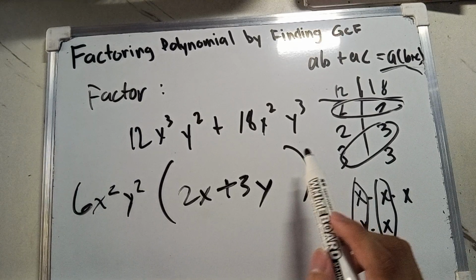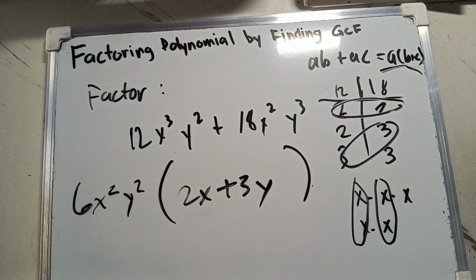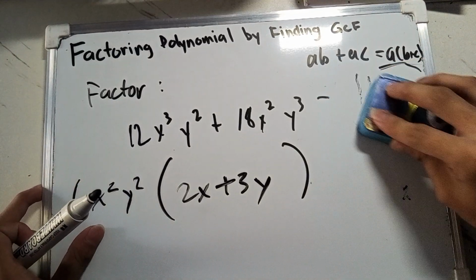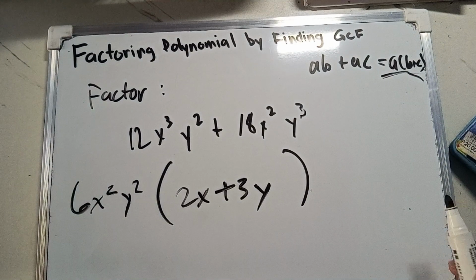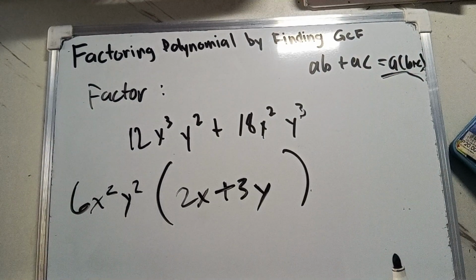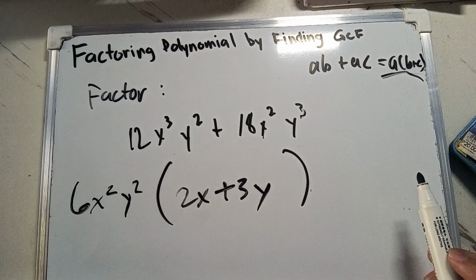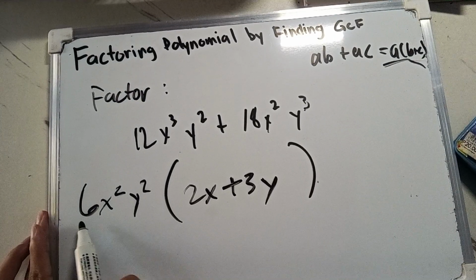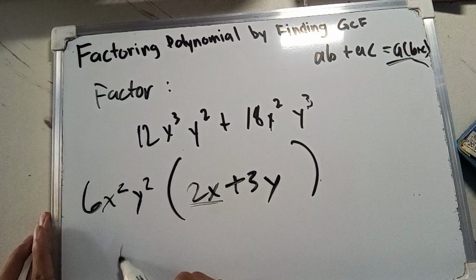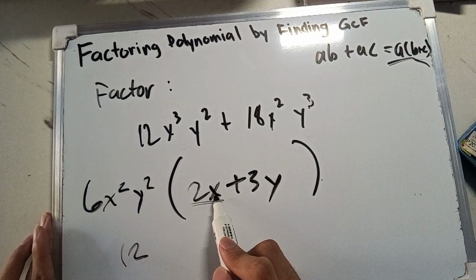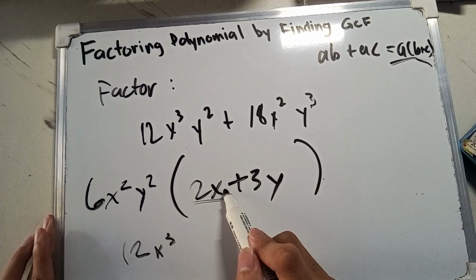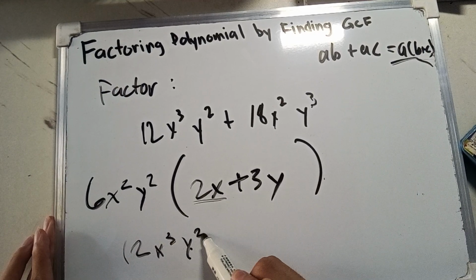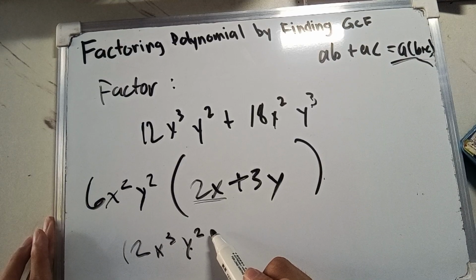This is the factored form of 12x cubed y squared plus 18x squared y cubed. To check if our answer is correct, we distribute 6x squared y squared to the parentheses. 6 times 2 is 12. x squared times x is x cubed, and y squared stays since there is no y in that term.